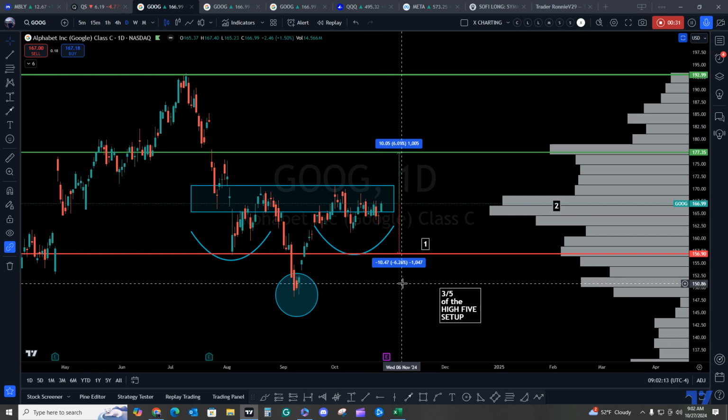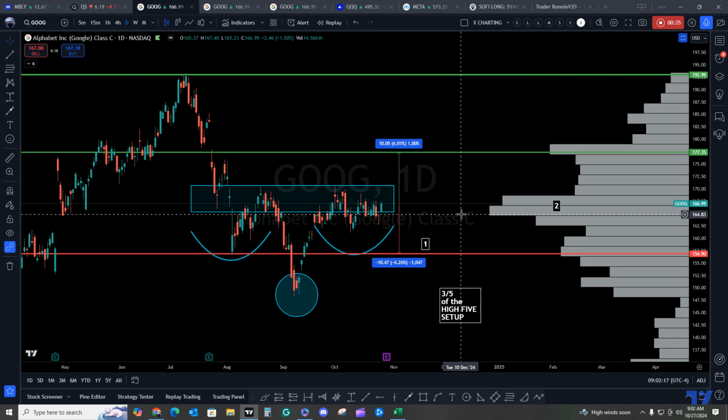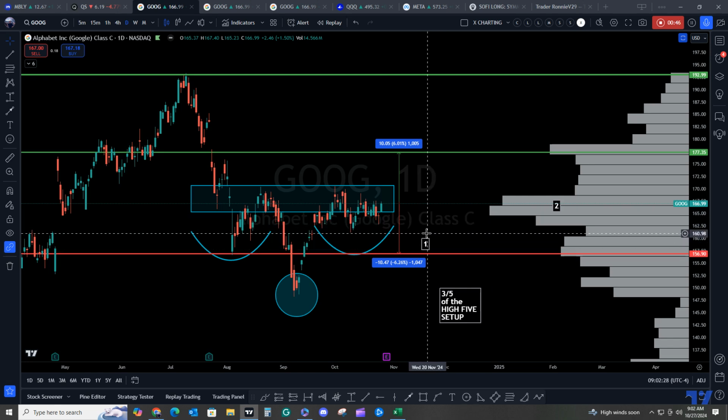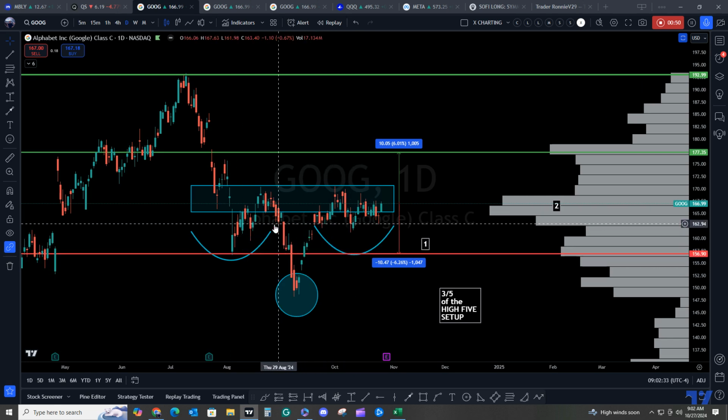So my high five trading strategy essentially consists of 5 key indicators. This is something that I've personally built, and it has consistently worked for me on my trading journey. The first indicator is going to be some sort of charting pattern.